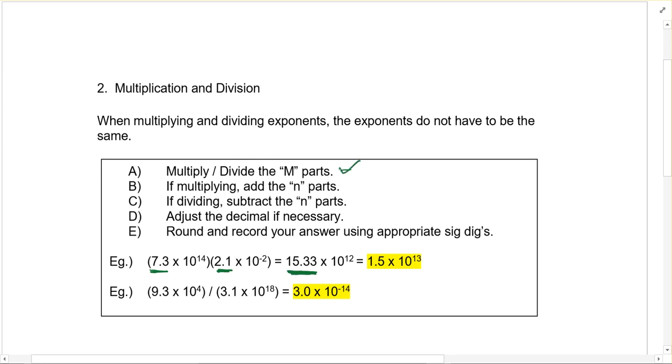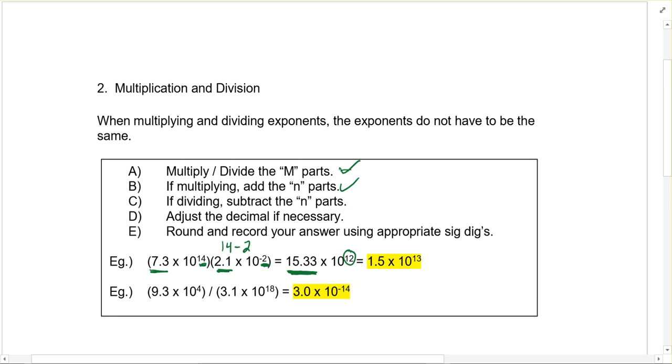Step number two, if multiplying, then add the n part. So we are multiplying, so what we do is 14 plus, because we're adding, plus negative 2. But plus negative 2 is the same thing as 14 minus 2. So that becomes 12. If dividing, you subtract, so that's the one below.